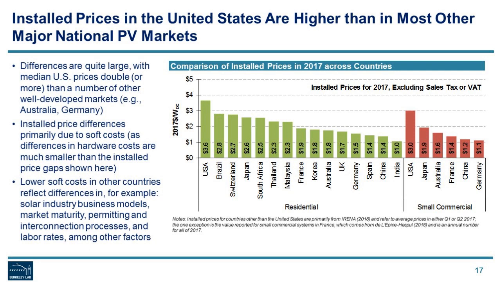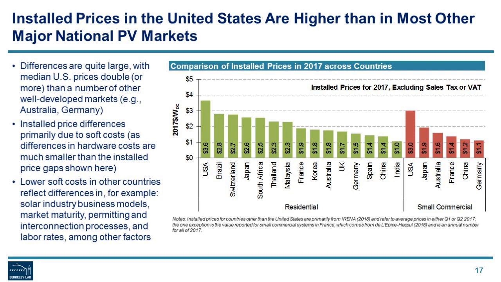There definitely have been some studies that have tried to understand broadly the reasons for pricing differences between different countries. We actually did a study maybe 4 or 5 years ago that was focused on comparing the U.S. and Germany. And we didn't focus on or really isolate differences in installer profit margins.